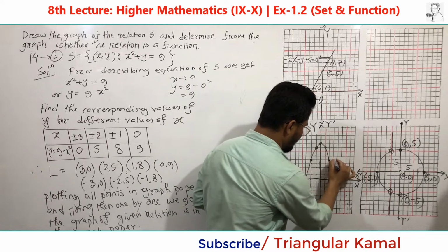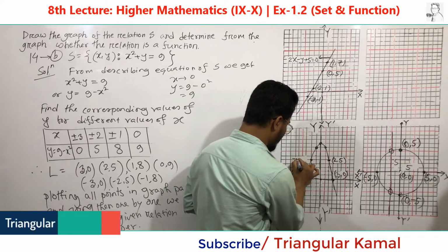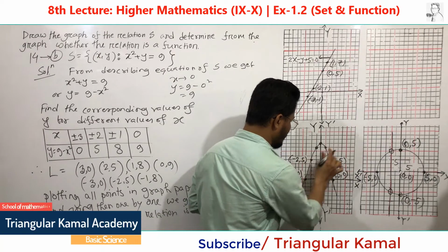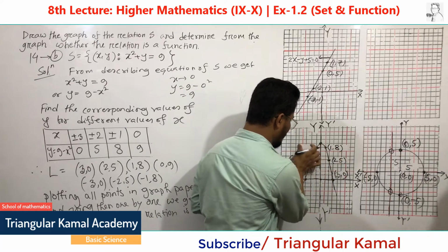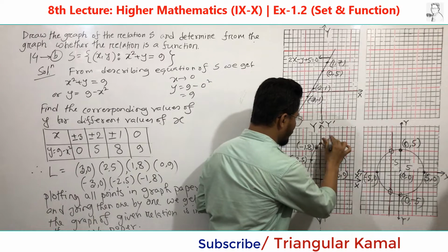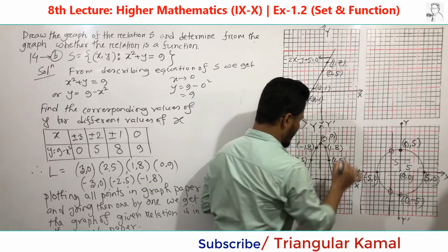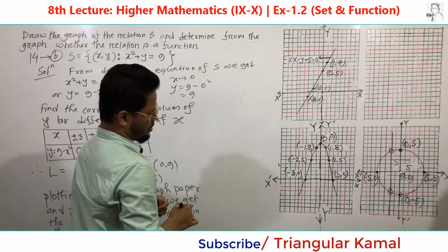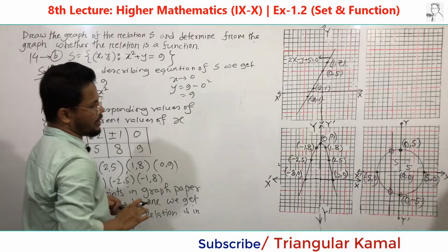This point is (2, 5). This one is (-2, 5). This is (1, 8). This point is (-1, 8). And this top point is (0, 9). So basically this one is the graph of the given relation.